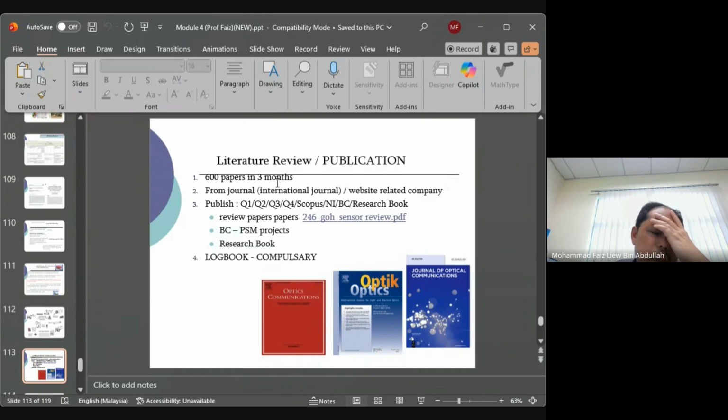How you get 600 papers is that first you find one paper, and then you read all the content, and inside the paper you can see there are references. Maybe that paper has, let's say, 40 references. So you look for those 40 references that the paper has cited.